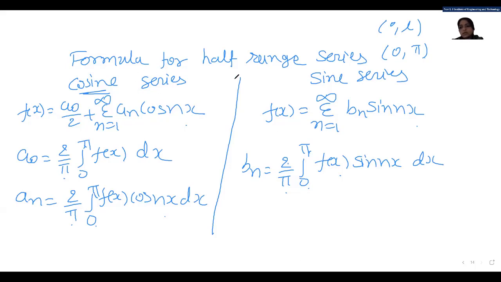And if your given integral is minus L to L or minus pi to pi, then you go for the even or odd function. Any doubts, students? Very good.